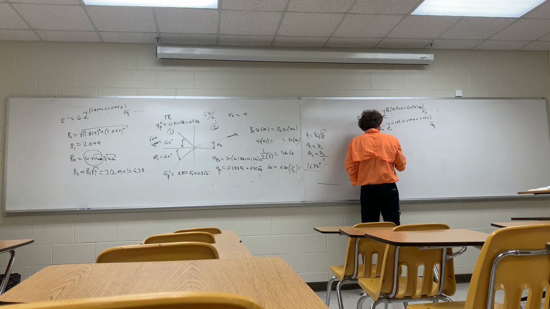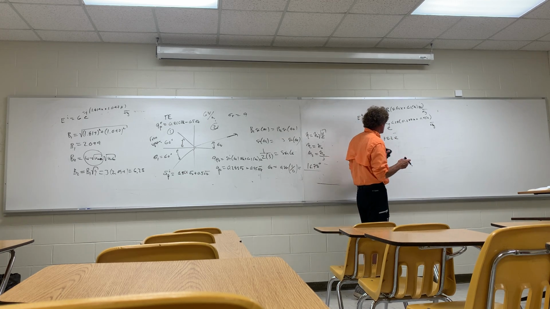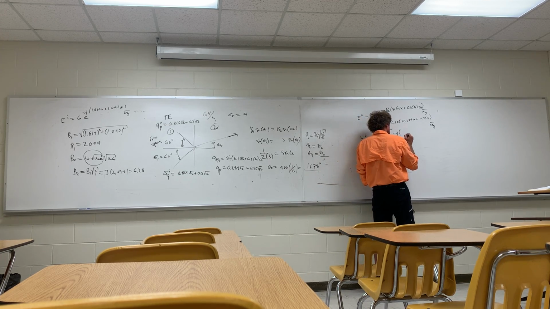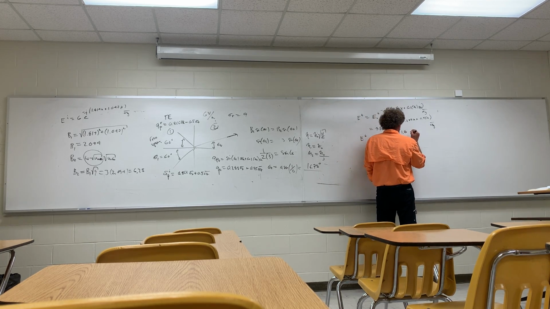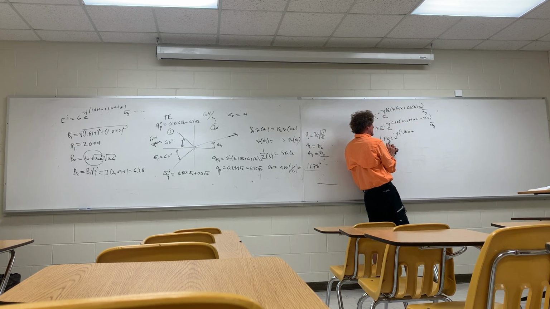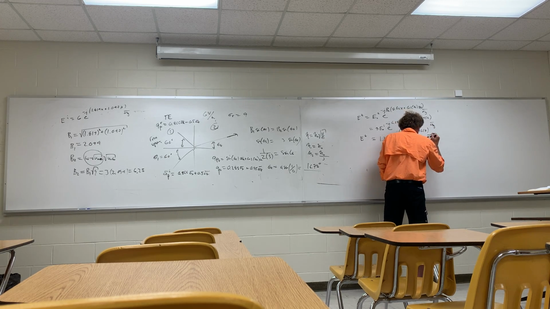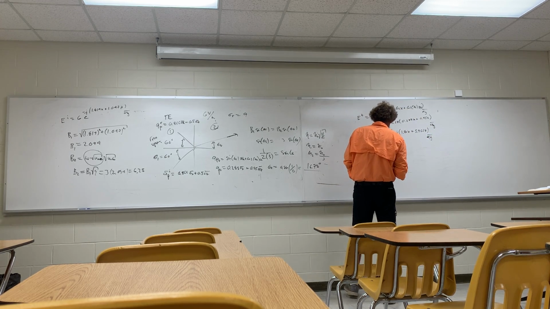You can multiply it out, but you don't have to: e to the minus j, 6.28 times 0.288, which is 1.8, x plus 5.966 z, in the a_y direction. All right, that specifies the transmitted field, the E field.